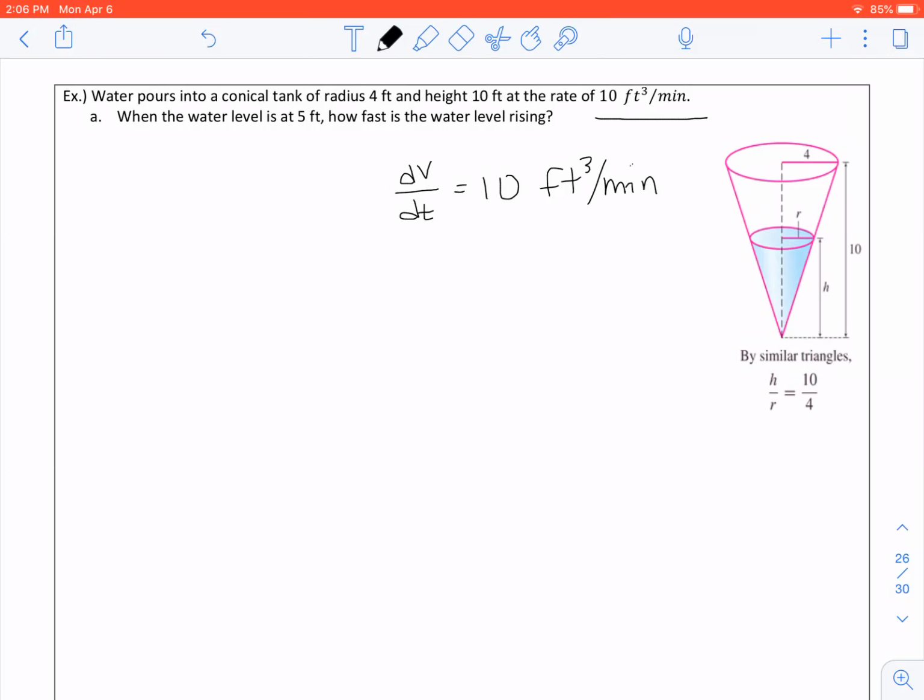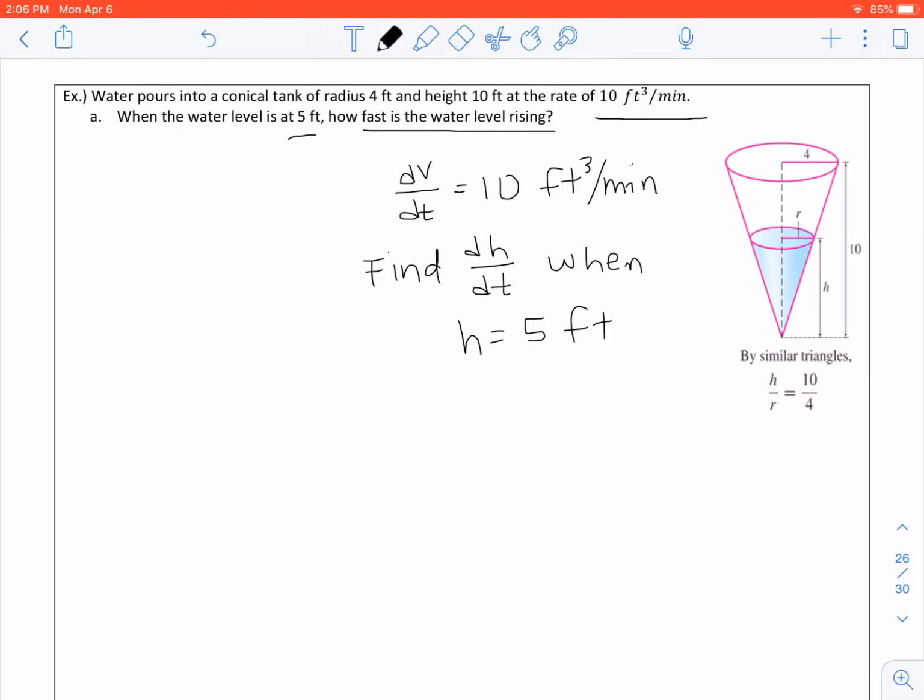And it wants us to know when the water level's at 5 feet, so when the height's at 5 feet, how fast is the water level rising? So they want us to find dH/dt. It's talking about how fast, again, that's a rate, when h is equal to 5 feet.